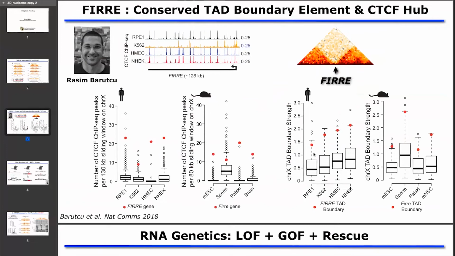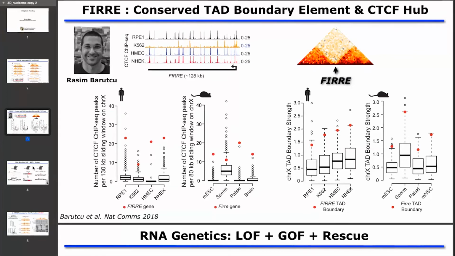And also for TAD boundary strength, you can see FIRE is at the top of the list across many cell lines. So this looked like a great candidate for a non-coding RNA element that sits at the boundary of two TADs and is highly enriched for CTCF and resides at a very strong and conserved TAD boundary.